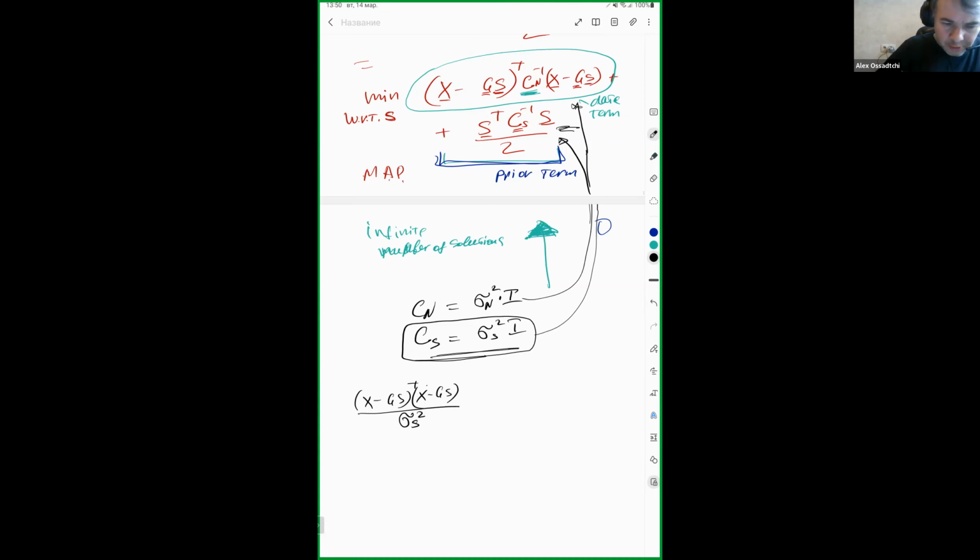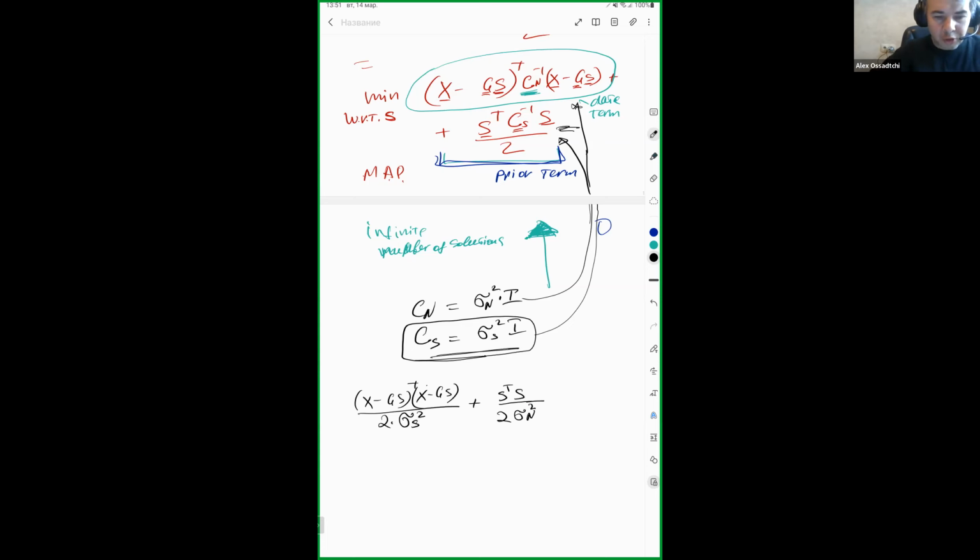Agreed? Because this one is sigma S squared times the identity matrix. And then plus S transpose S divided by 2 sigma N squared.